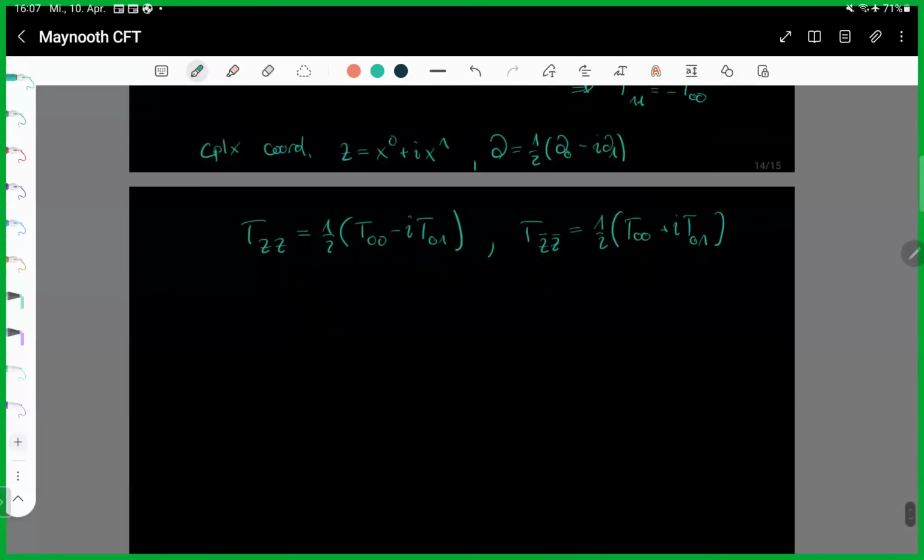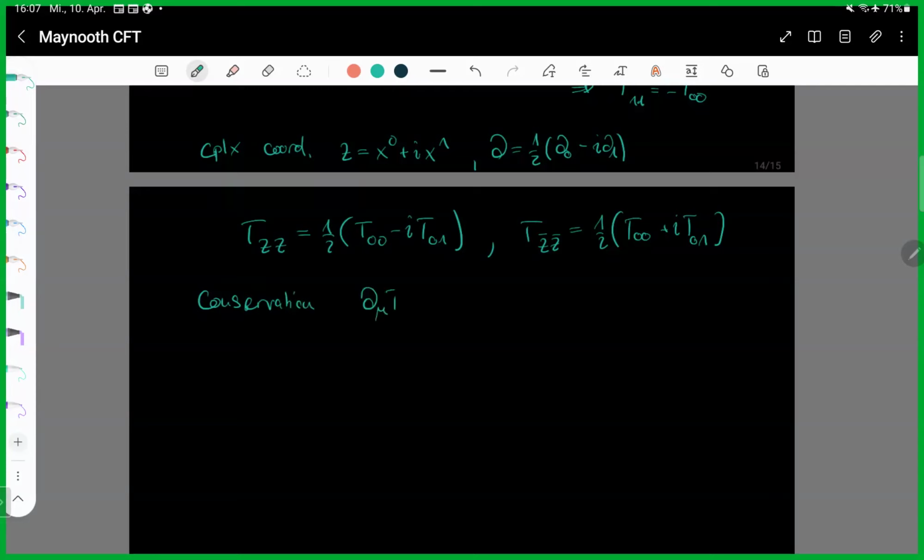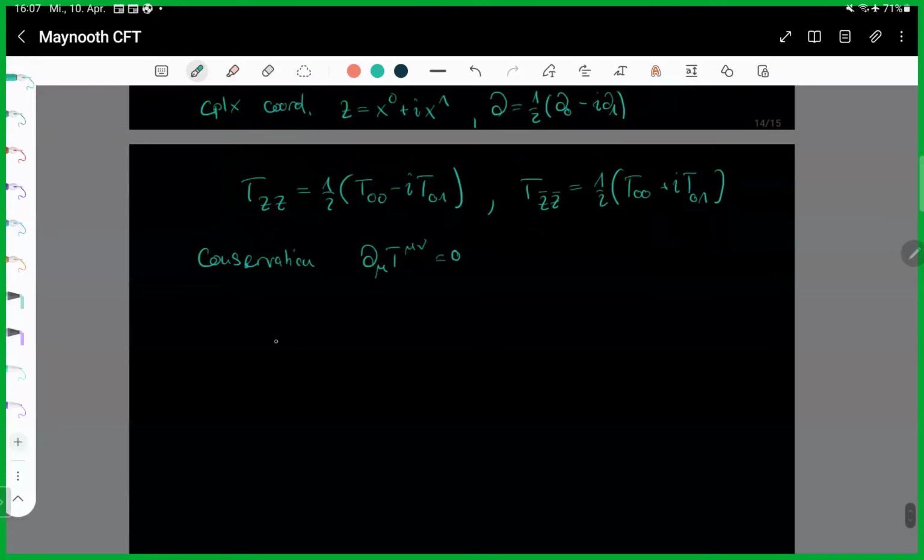And then conservation of the energy momentum tensor in complex coordinates. Now we really just take this equation in complex coordinates, and you can convince yourself that what it says is the following: 0 equals ∂_z̄ T_zz. And this should now be reminiscent of the discussion that we had yesterday.